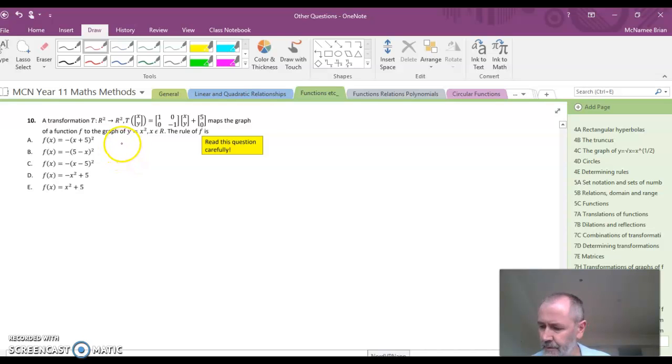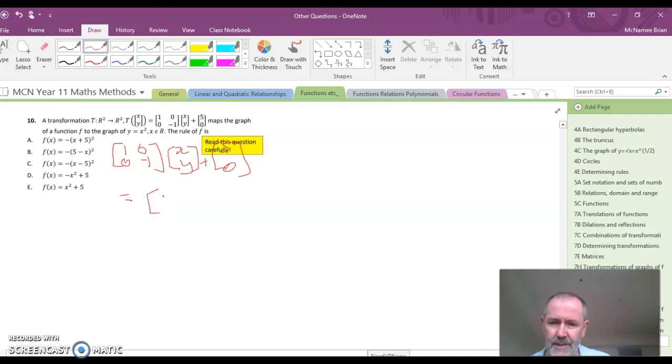So we've got the matrix 1, 0, 0, minus 1 by x, y. I'm going to write over that yellow bit, plus 5, 0. Okay, we multiply that out, we take that first row, multiply it by our only column, so that gives us x.